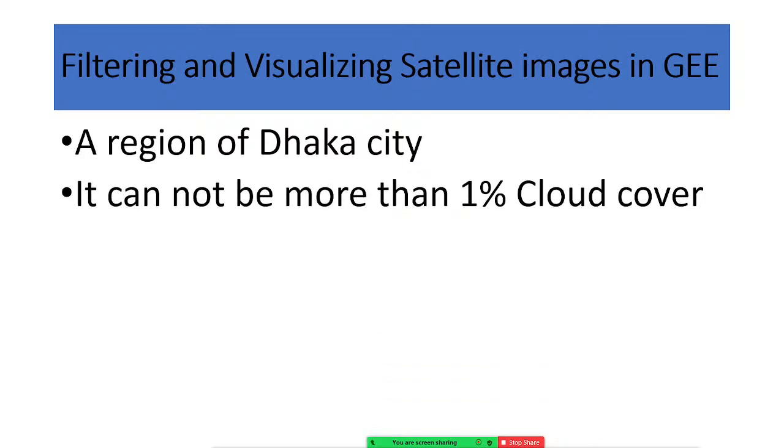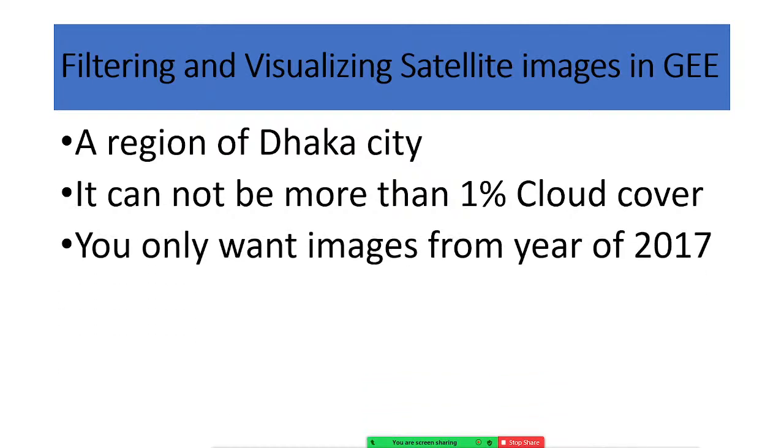This is an image property. And the other factor is a specific time frame, it could be 2017 or another year. So these are our three main factors: select your specific region, select your image properties, such as cloud cover, then select your specific time frame or a specific date.